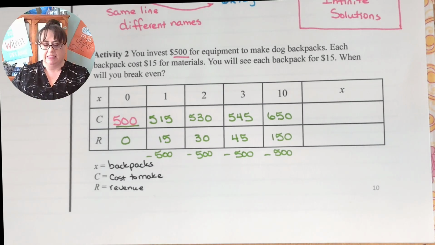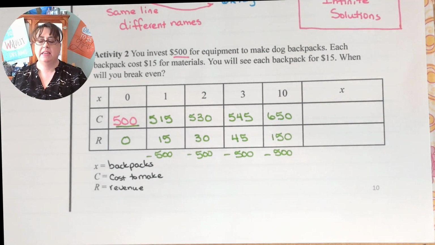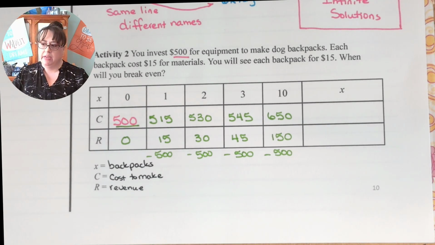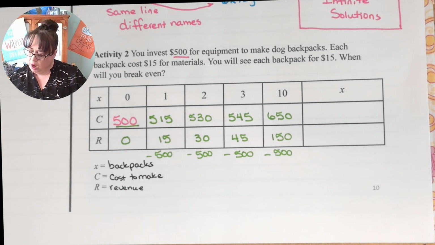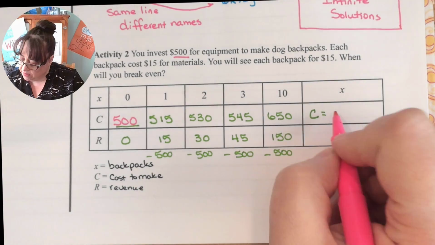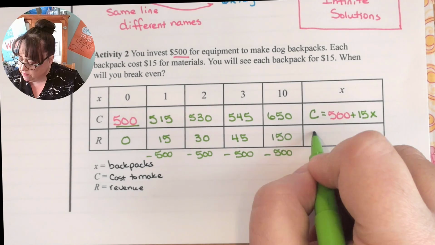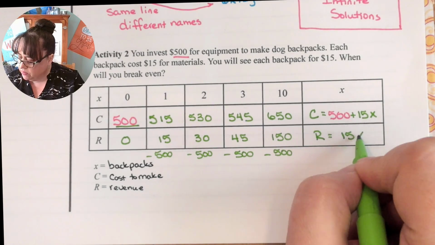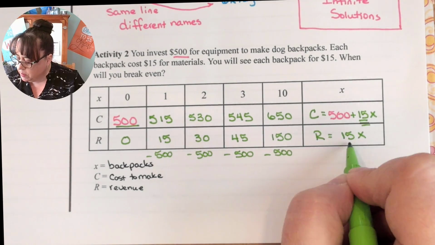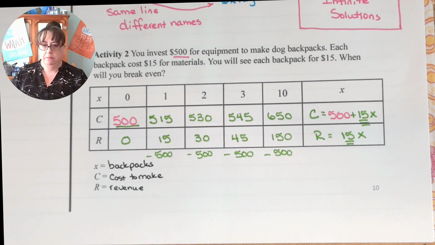Why is that? Well, think about what's really going on with x every single time. Your cost was that initial $500 plus the 15 for every backpack. Your revenue is 15 for every backpack. Remember y equals mx plus b?